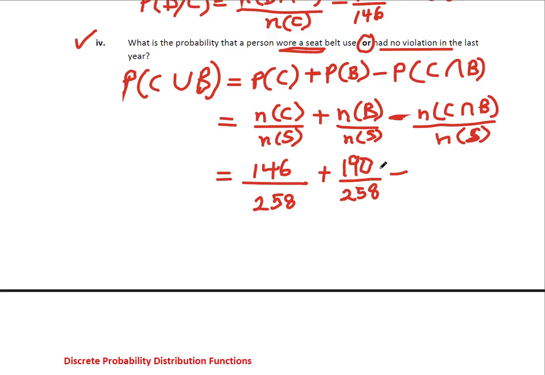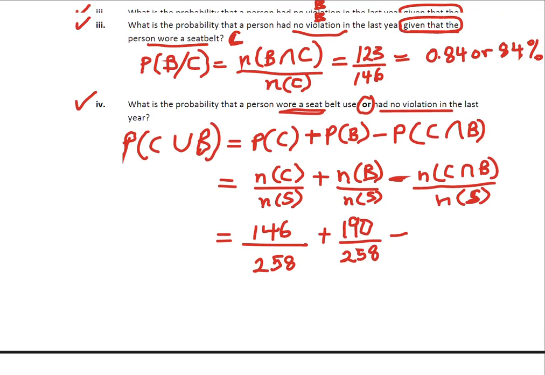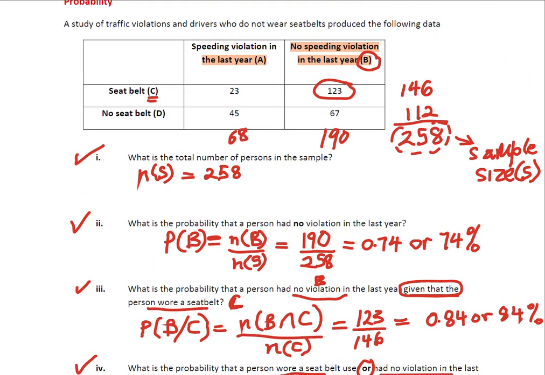Take away the number of persons who meet the condition for both of these events. That is the number of persons who wore a seatbelt and also had no speeding violations, which is what this numerator here is saying. The number of persons who wore a seatbelt and had no speeding violations is 123.